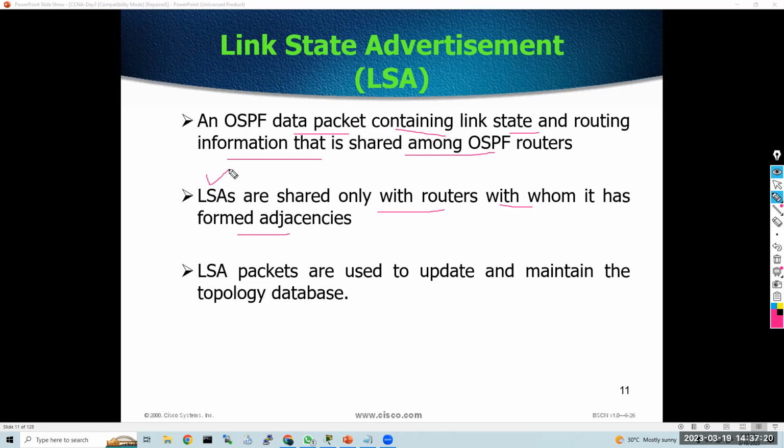For example, if a new neighbor comes in front of your home, once you talk to each other and form the neighborship, then you exchange your mobile numbers and Instagram, Facebook, all details, right? Same thing here also. When they form the neighborship, then only it will send your updates, otherwise no. LSA packets are used to update and maintain your topology database.